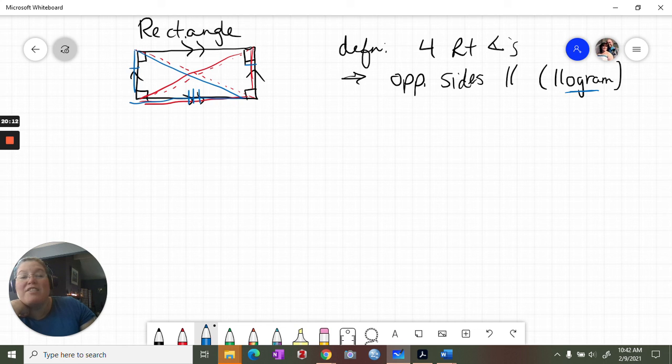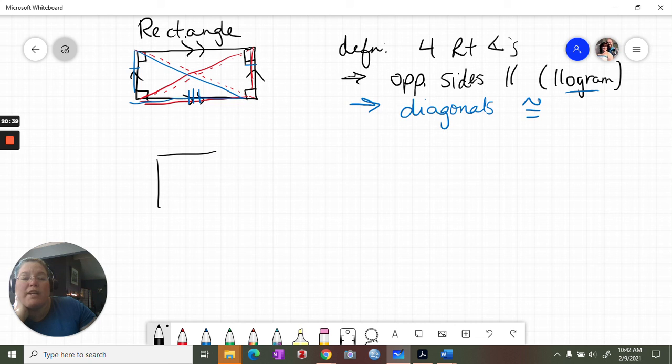They share this side and they have the right angles. So I have side angle side congruence here. This tells me my diagonals are congruent. Okay? The diagonals are congruent. So all the properties of a parallelogram and then the congruence factor.